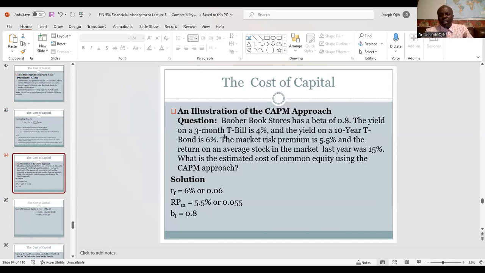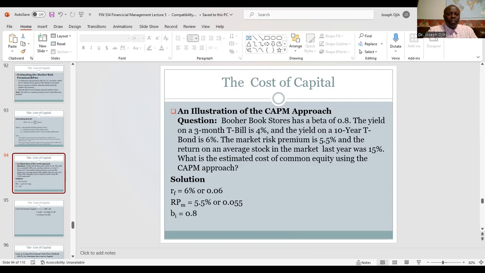Usually for students taking an exam, they will give you all this information, and then you can just use the formula and calculate the cost of common equity. But for a professional working, for an investor, for a client, you can get this information from different sources that I just explained.